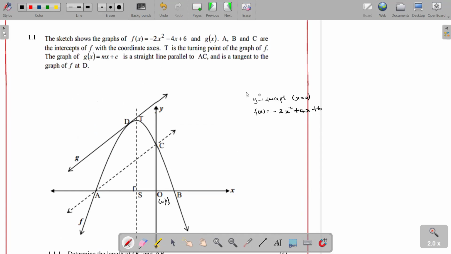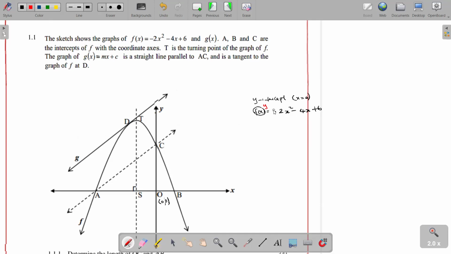You have to take note here, it's negative 4x. So when we substitute, this part here represents our y, f(x) is the one representing our y.